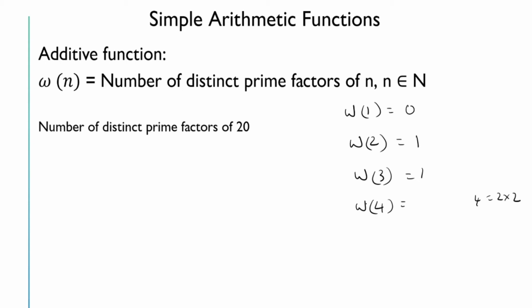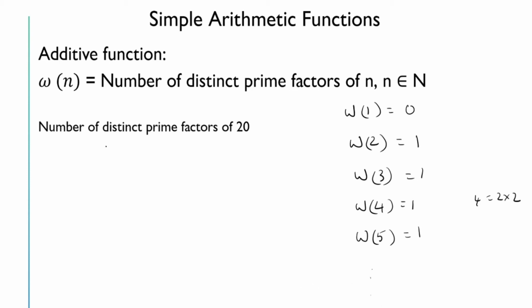So omega of 4 is also equal to 1. Next, omega of 5 is again equal to 1 because the distinct prime factor of 5 is only 5.